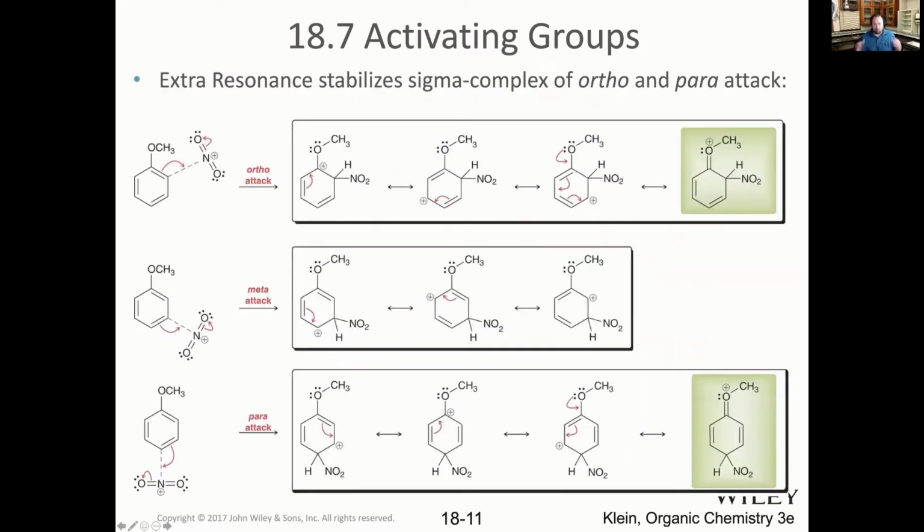And when it comes down to just the energetics, both the ortho and para electronically have that same stabilizing effect. That is, they have extra stabilization via resonance in their sigma complex compared to the meta approach, or meta attack, on the benzene ring. And remember, it's meta relative to the methoxy group.